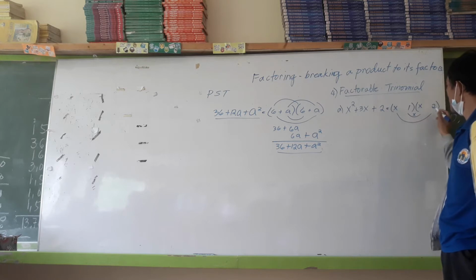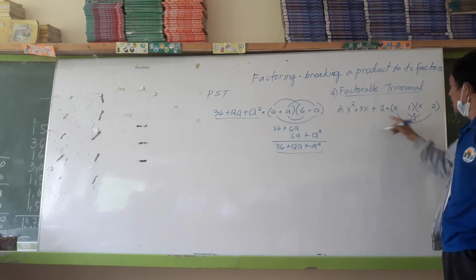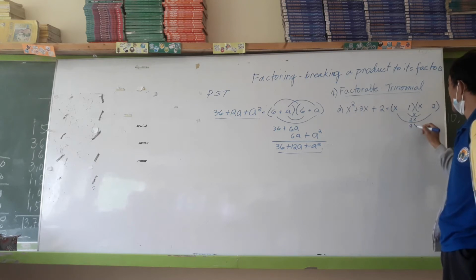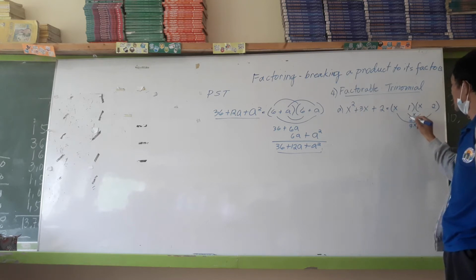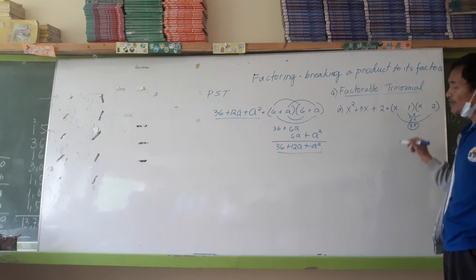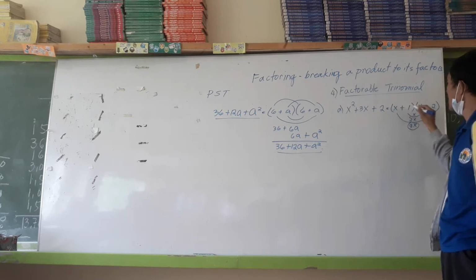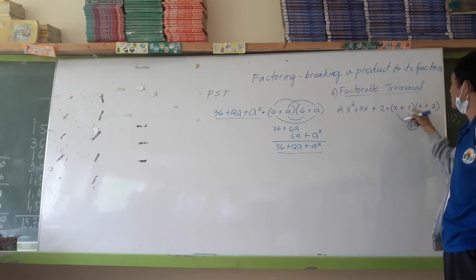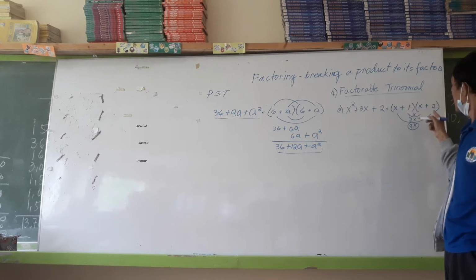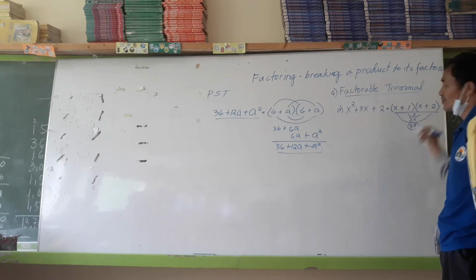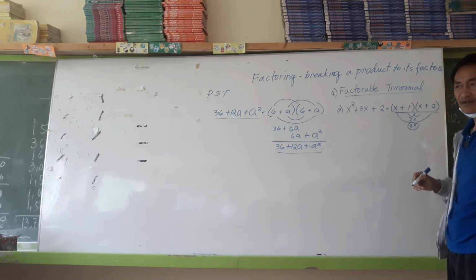Multiply the outer, that is 2 times x. And add up, if you get the middle term, which is 3x, so x plus 2x will give you 3x. If you get the middle term, then your factors will be correct. Okay? So this will be x plus 1 times x plus 2. These factors are correct. Okay?